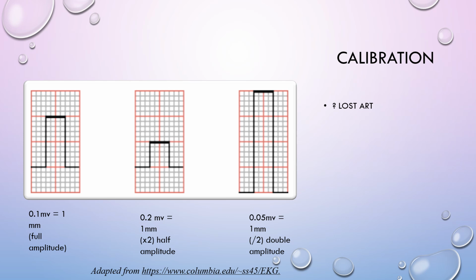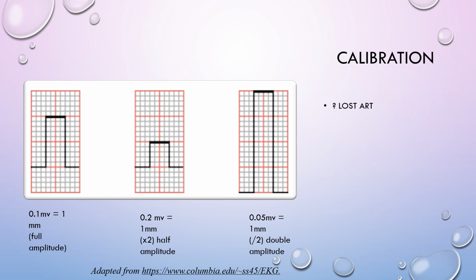So I thought it was interesting that I found this in the literature, because I was taught calibration, but it's becoming something of a lost art. So I felt, well, let me just put it in. So when we look at a tracing, normally there is this inverted U that we see at the beginning of each tracing.